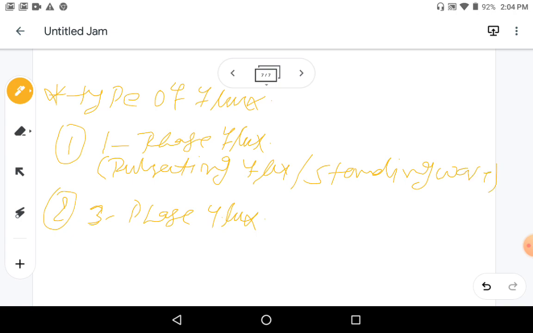Number two, three phase flux, which is rotating flux or traveling wave.